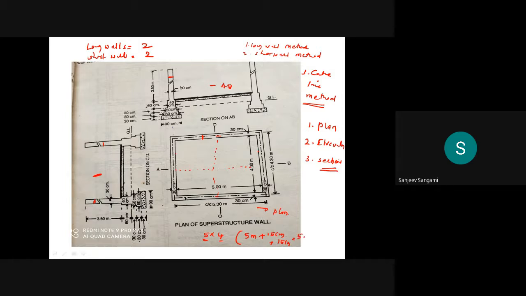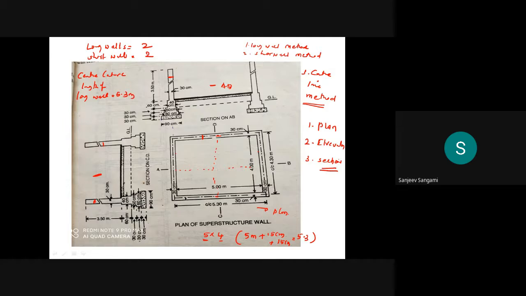Then I can write it as 5.3. This is the center to center length of the long walls, that is equal to 5.3 meters.